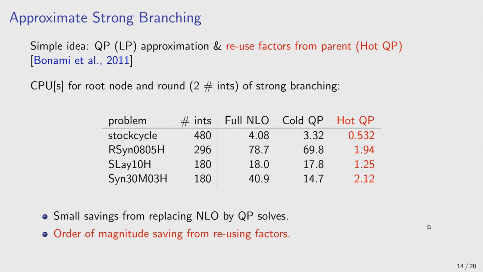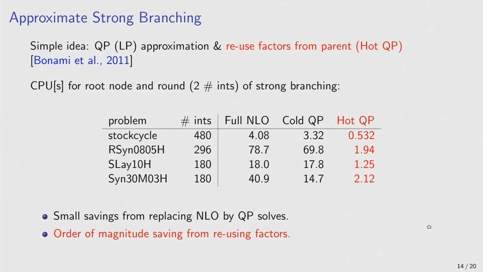But if you use the hot start capabilities, and that's similar to the dual simplex method that's available for linear programming, then this becomes much cheaper. So this is really nice. You can now do this at a fraction of the cost of doing that, and you get reasonably good bounds.